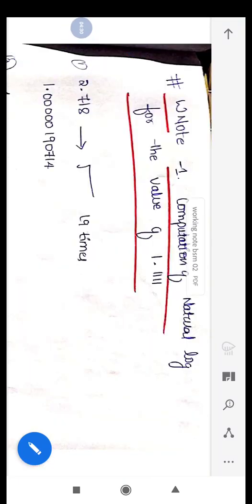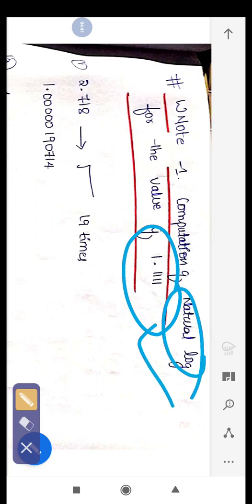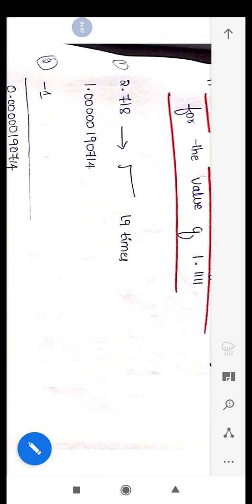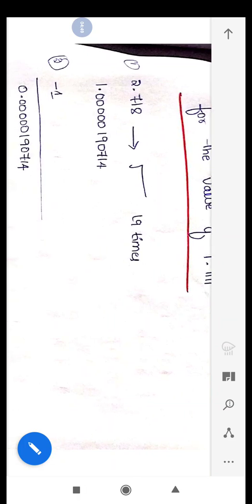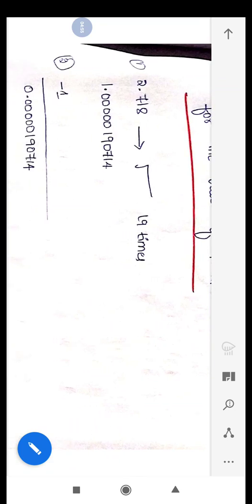Here is working note number 1, that is how to calculate the log value for 1.1111. For any number, if you want to calculate the natural log, the steps are these. As we did in the previous problem, the first step is this log number.